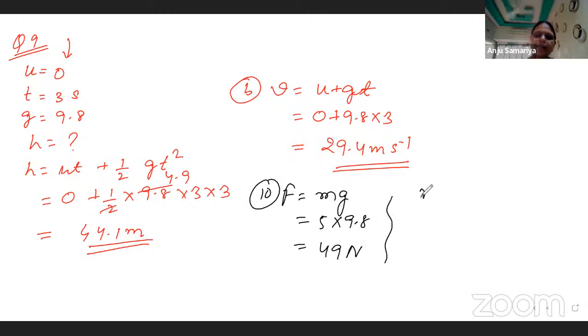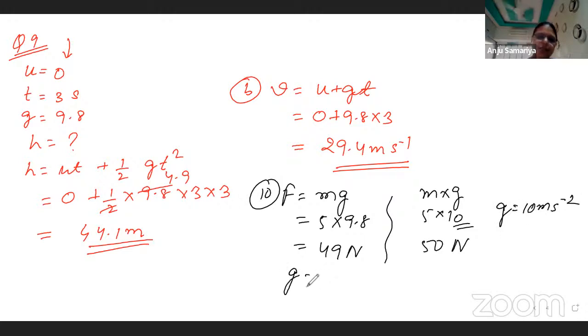Or else you can write m into g, that is 5 into 10. So we are assuming g as 10 meter per second squared. Here we are assuming g as 9.8 meter per second squared. Is this clear?